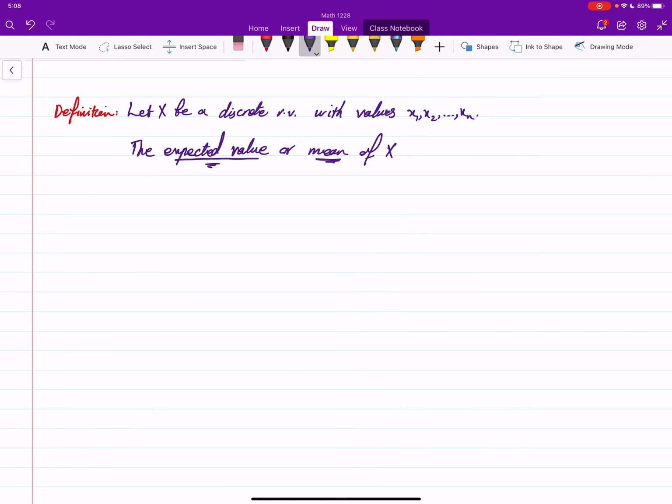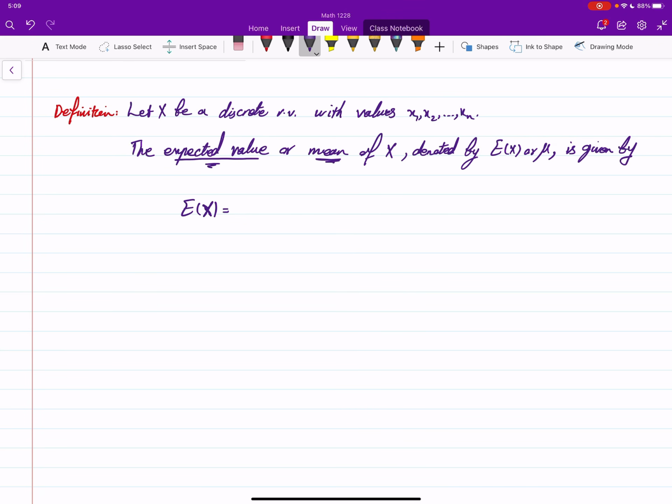Expected value of X or mean of X are the same thing, which we denote by E of X or just mu. This expected value or mean is a number, so I have to tell you how to compute that number.